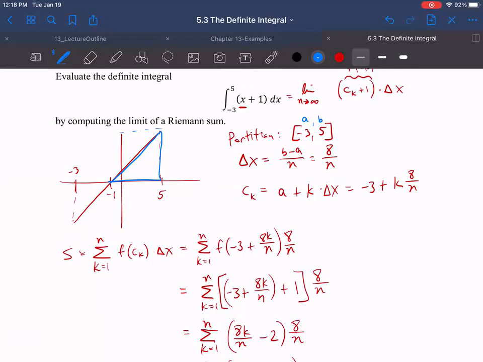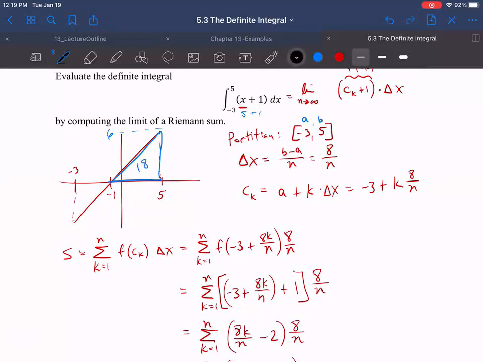No, the height is 6, what's 5 plus 1? Area is 1/2 base times height, right? The base is 6 from -1 to 5, and the height is 6. So this has an area of 18.